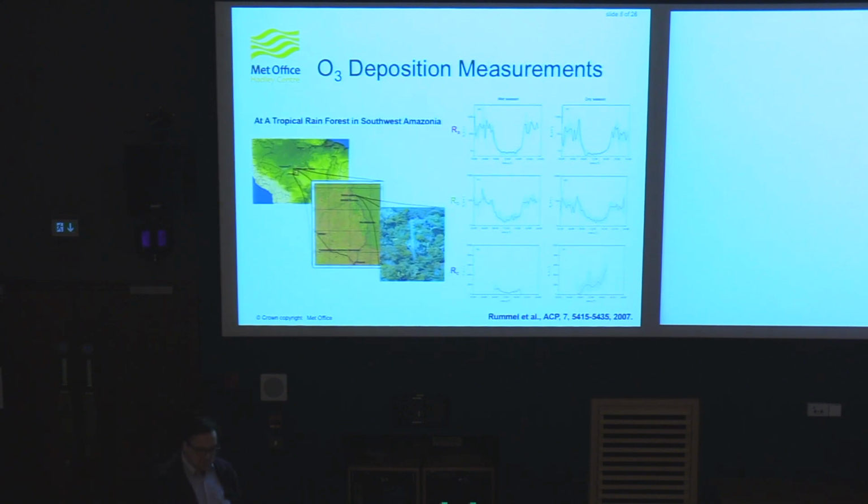Dry deposition is also measured in the real world, which is good, because otherwise we wouldn't have the ability to evaluate our models. The problem, however, is that these measurements are sparse and usually short-term. So this is campaign work usually, which means it's limited to a site, here in Amazonia actually, and it's limited to a few days or maybe a week or two if you're lucky.